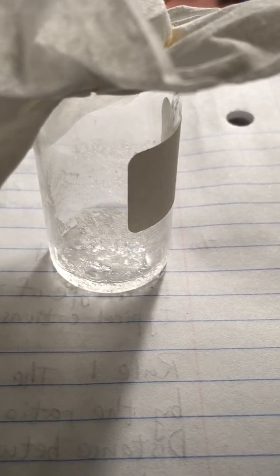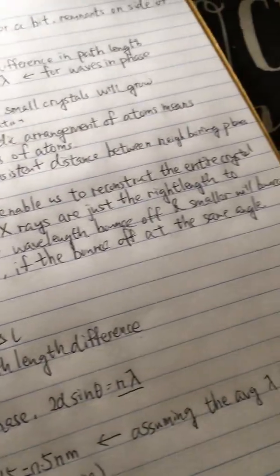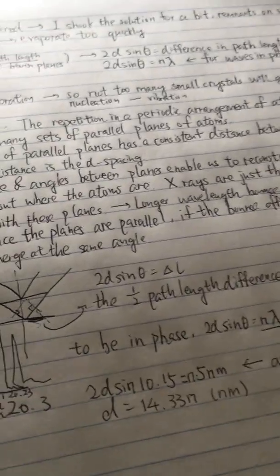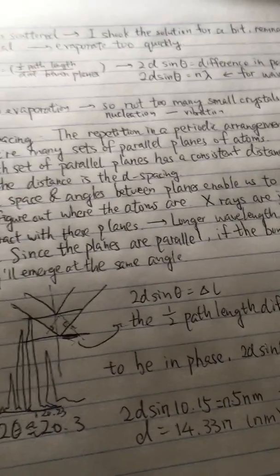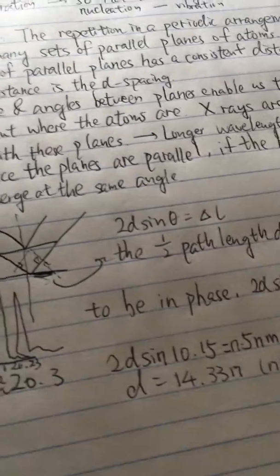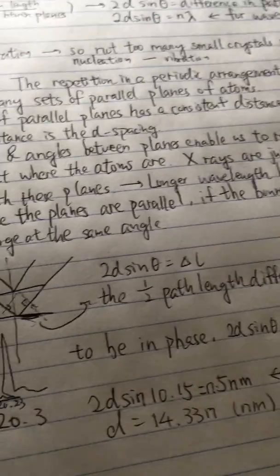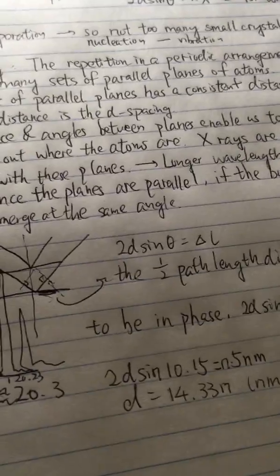Anyways, let's move on to the scientific significance of d-spacing. So d-spacing is the repetition in a periodic arrangement of atoms, meaning there are many sets of parallel planes of atoms, and each set of parallel planes has a consistent distance between neighboring planes, and that distance is the d-spacing.